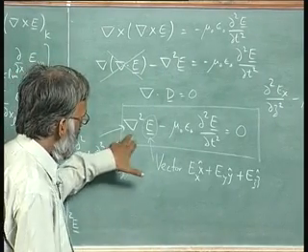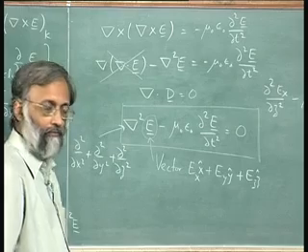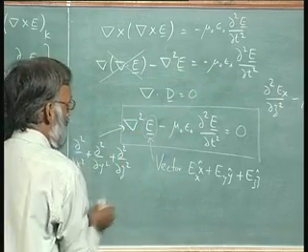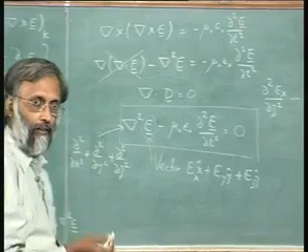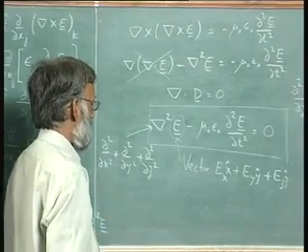Well, there is one way of looking at this equation that makes it simpler. What we can do is we can say I will take this equation and write it as 3 equations. It is a vector equation.